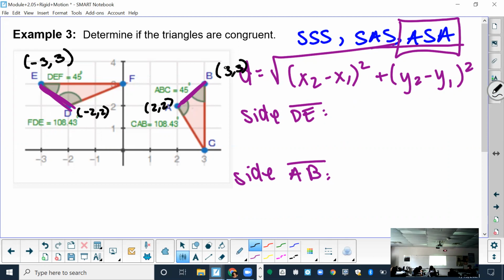All right, I'm gonna freeze my screen now so that you can practice putting it in the distance formula.